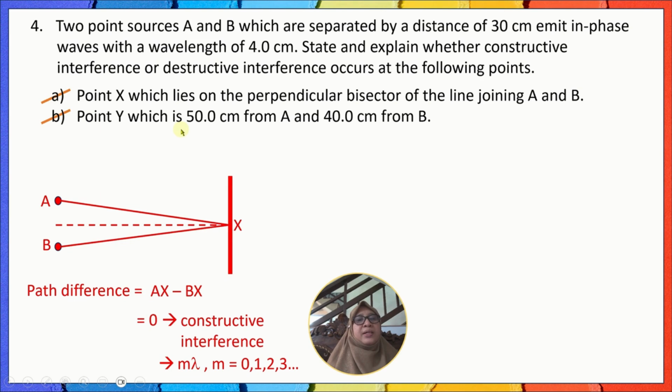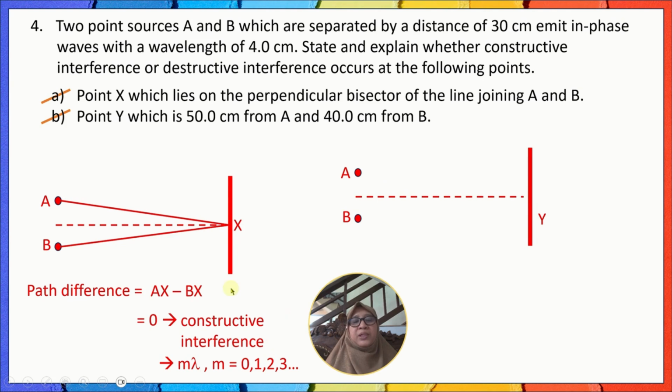So for point Y, the path given is 50 centimeter from A and 40 centimeter from B. We do the same method, from point A and from point B. This is the screen where the pattern of interference occurs.